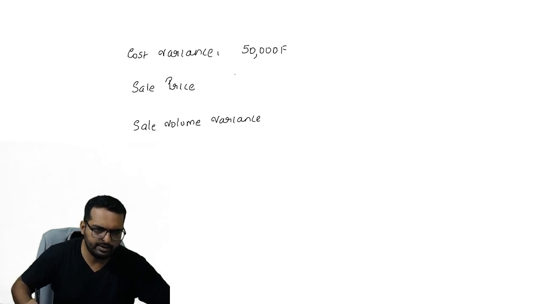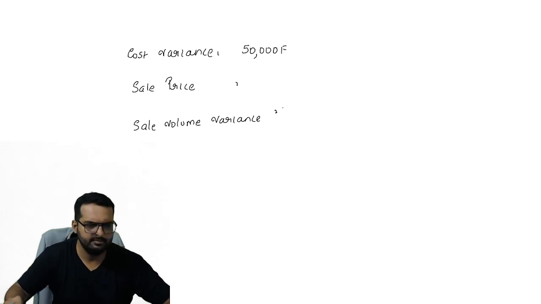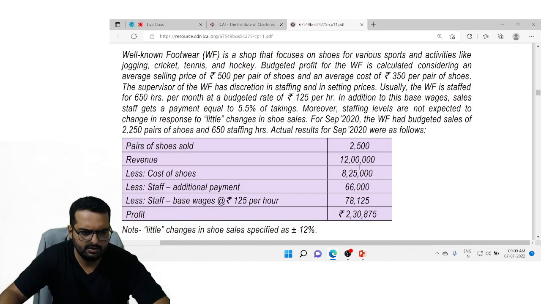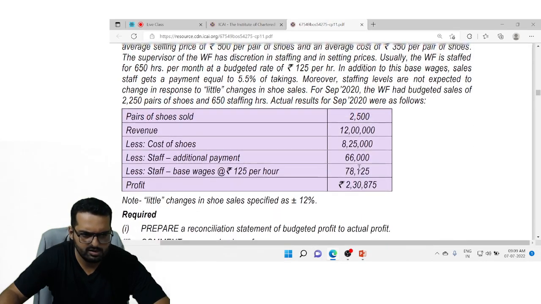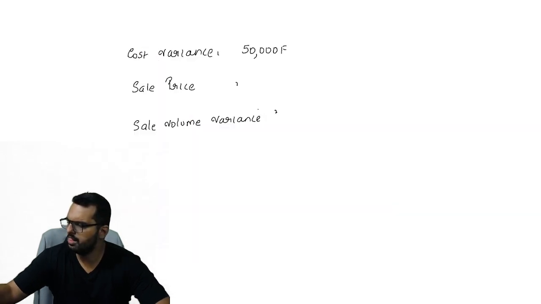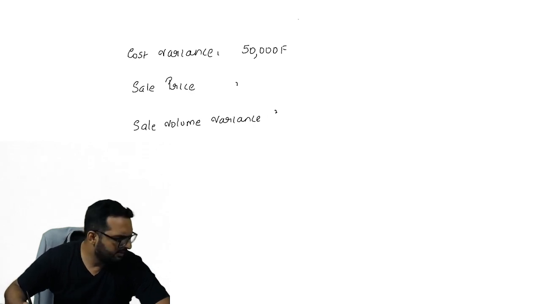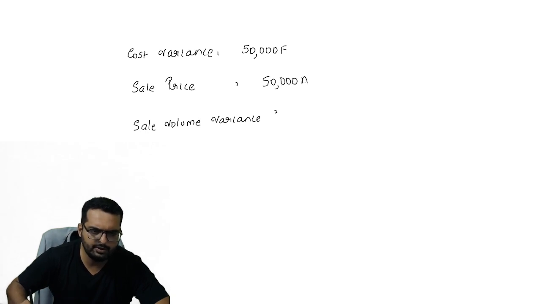So we need that breakup for reconciliation. So 50,000 adverse is the sales price variance. Volume variance is 1,25,000 favorable. Is it?